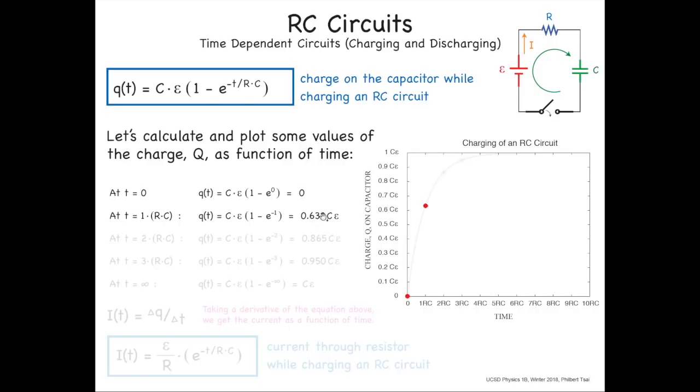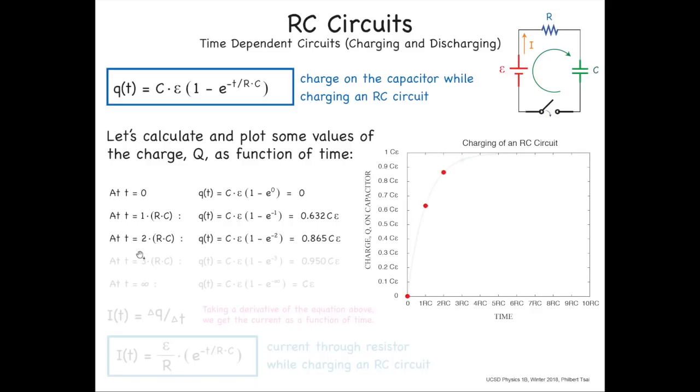And remember that C times EMF is the maximum charge when we wait a very long time. So after 1 RC time constant, 42 milliseconds in this case, we will have achieved about 63% charging of our capacitor.